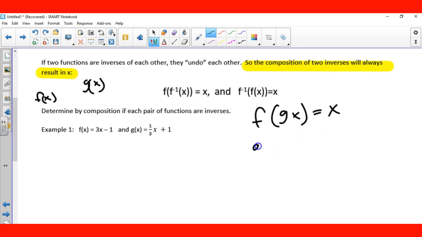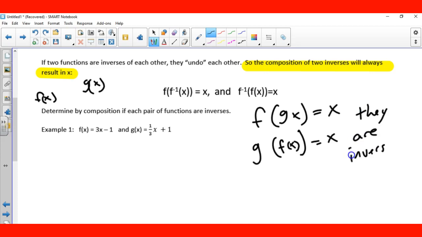Or if I put f inside of g, g of f of x, I should get x. If I get x, that means they are inverses. That's my target, to get x.